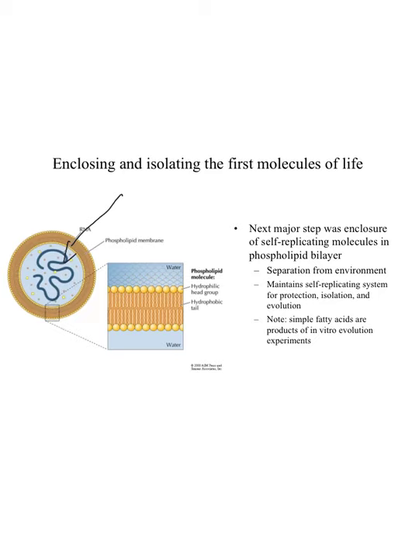So enclosing the self-replicating polymer in the phospholipid vesicle could be very helpful, because now there's the ability to make distinct the internal environment and keep it separate from the external environment. And the external environment may change, but the internal environment may be more stable and more consistent.